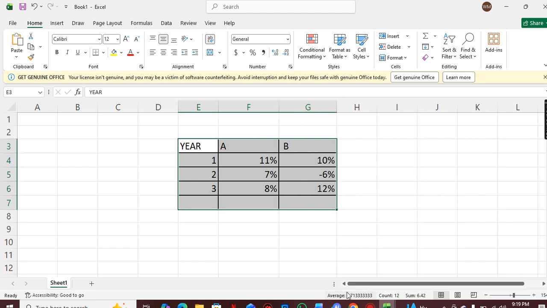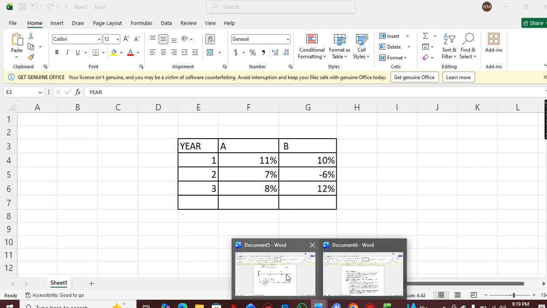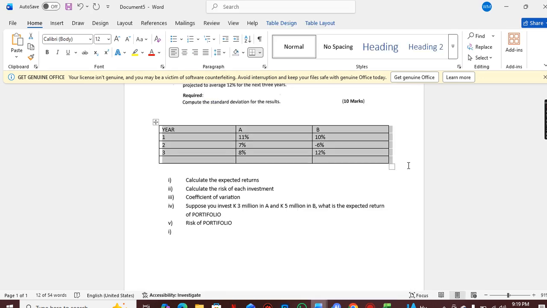If you remember the formula for the average, you just add the numbers, this formula here.